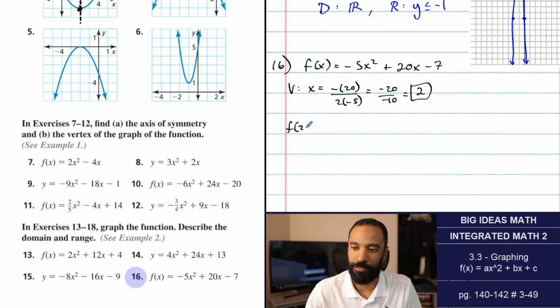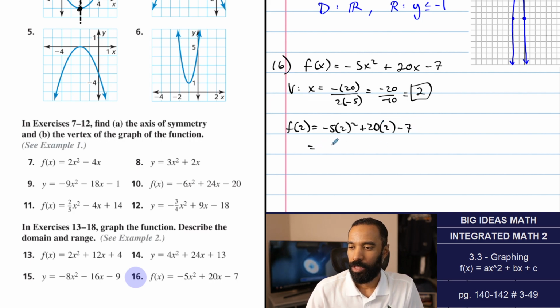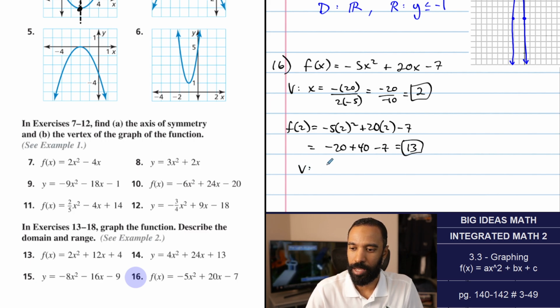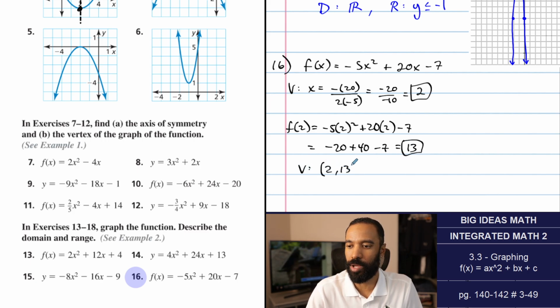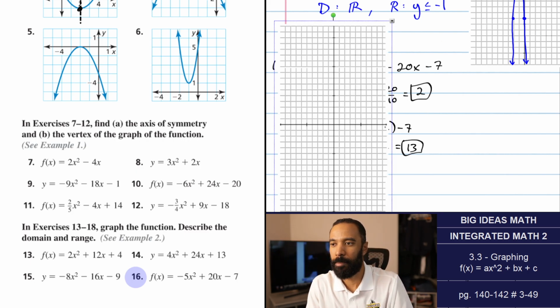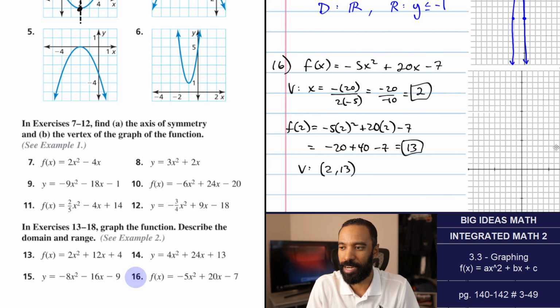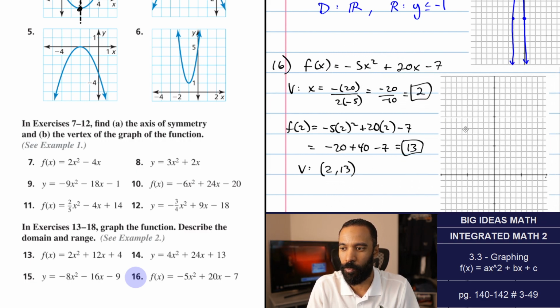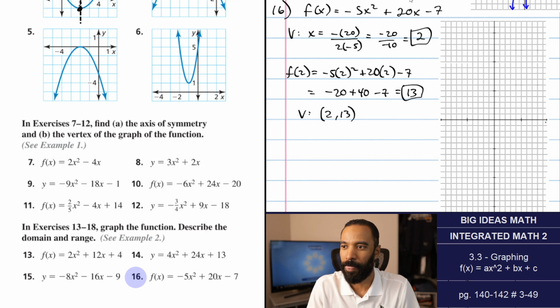The y value for that will be negative 20 plus 40, which is 20, minus 7, which is 13. So your vertex is at 2, 13. Okay. 2, 13 vertex, and 0, negative 7 is your y-intercept, okay?